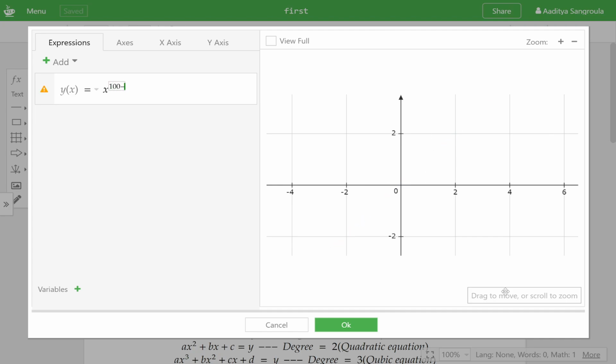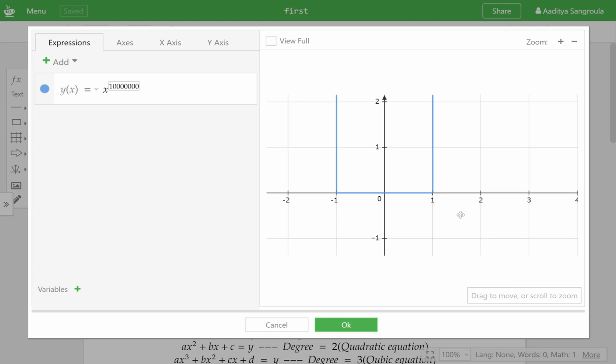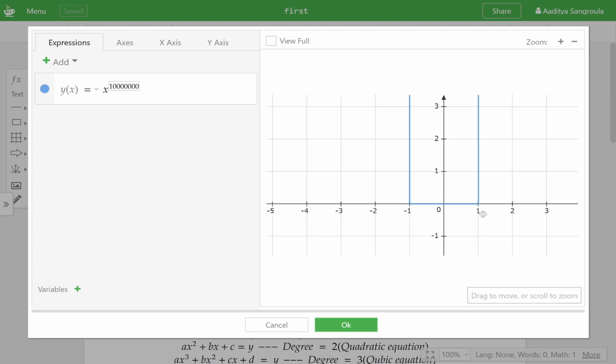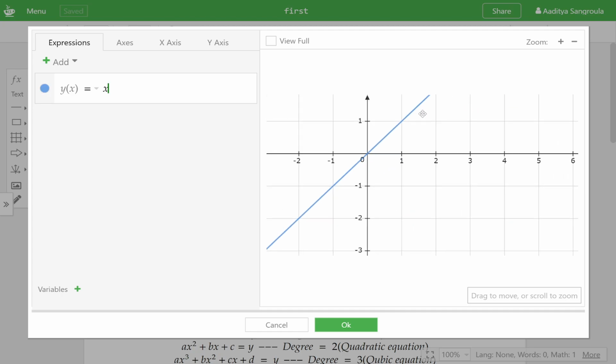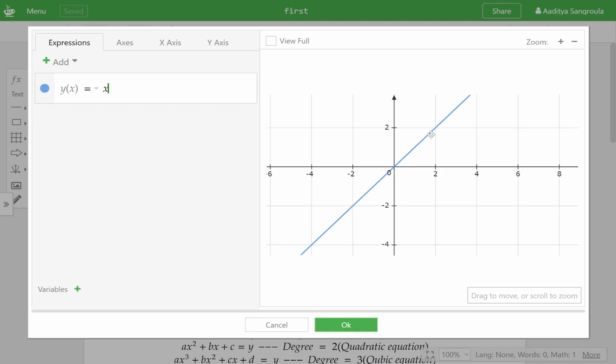If we add one more 0, this is totally a square. Look at this, right? So this is so awesome. So we can look at different graphs. You don't have to look at the millionth power of x, you just have to look at the first and second power of x in most cases.